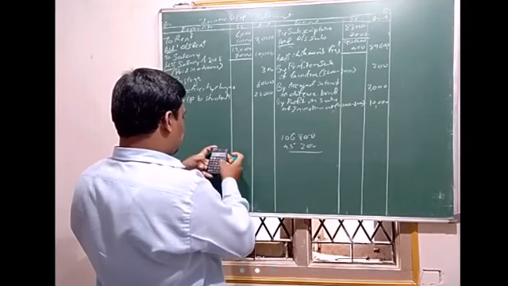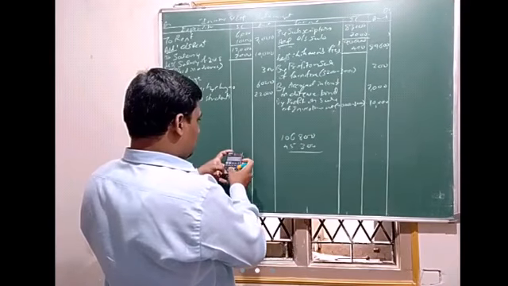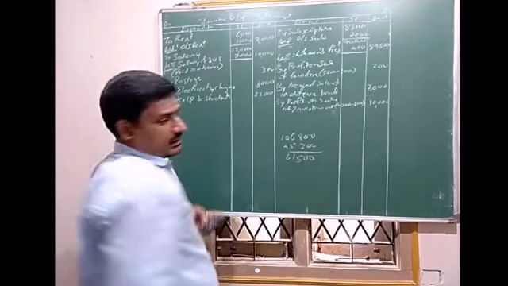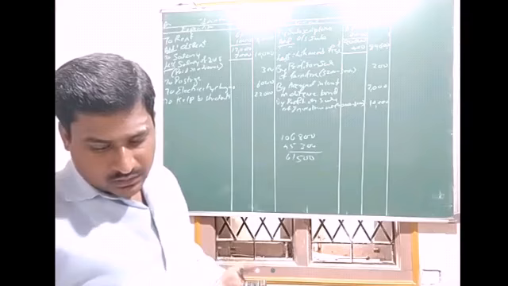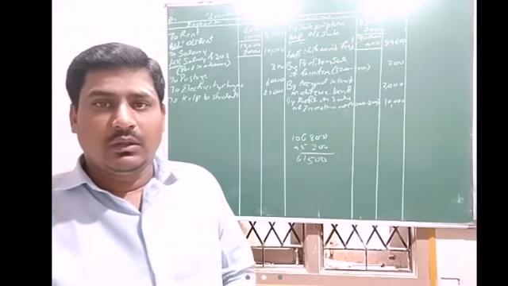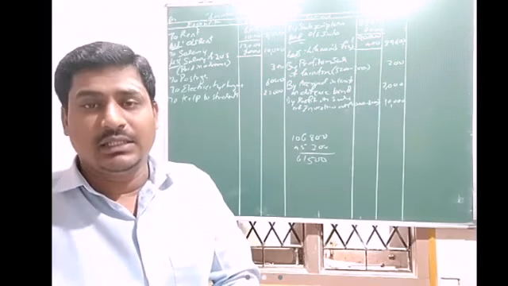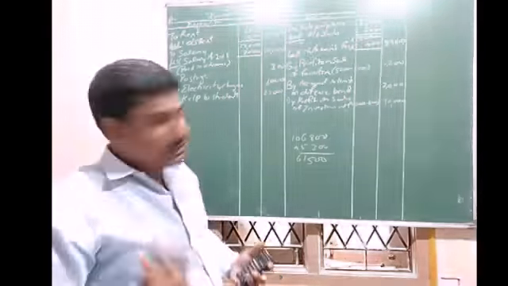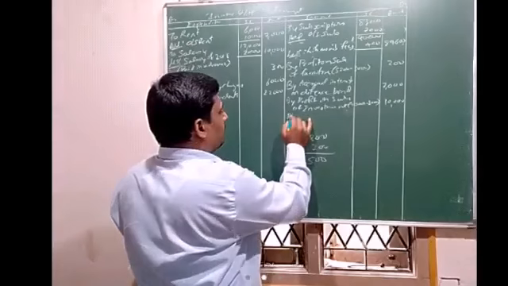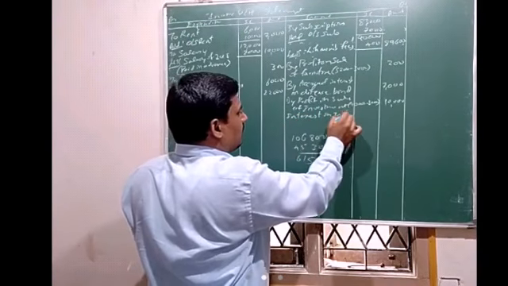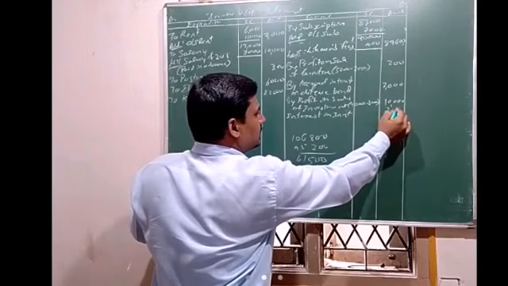So the difference is 61,500. One item we missed in the receipt side, that is interest on investment, rupees 2,000.